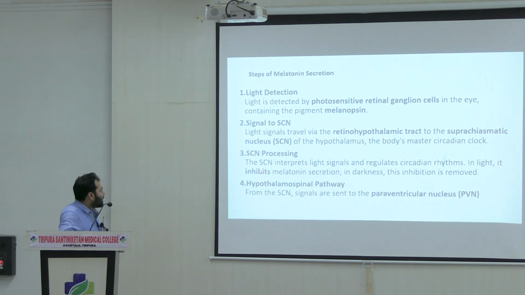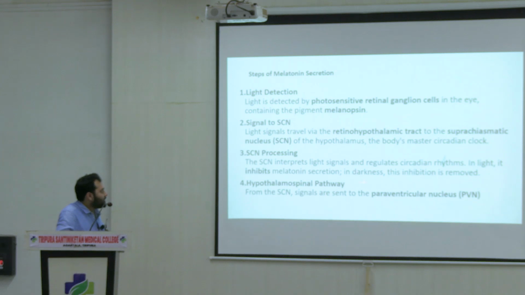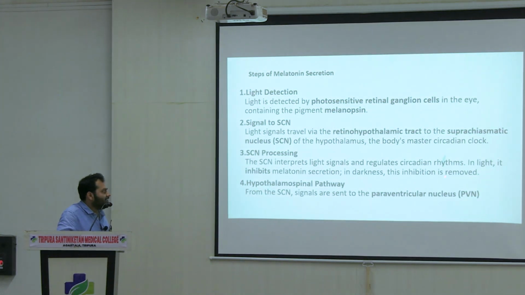Here, the suprachiasmatic nuclei interpret the light signals and regulate the rhythms, that is circadian rhythms. In presence of light, it inhibits the secretion, right? But in presence of darkness, this inhibition is removed. So these points are very important.